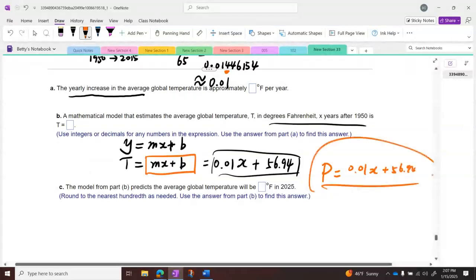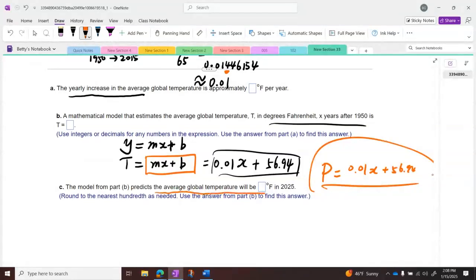We're going to use that to predict the average global temperature in 2025. I'll give you 2 minutes for this one.